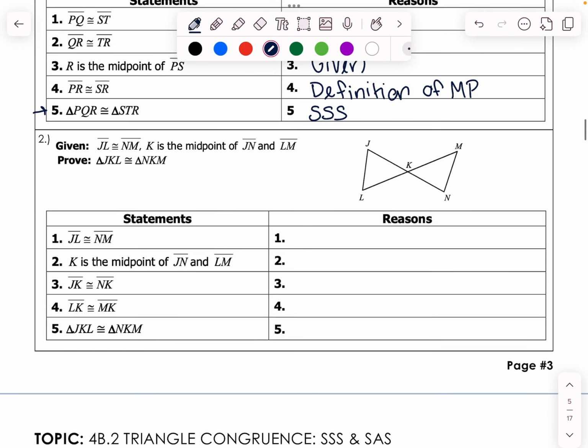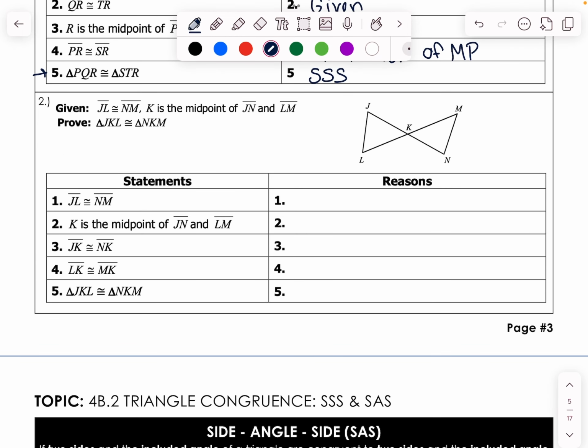Okay, let's look at another one. Again, we always want to start with our givens, and in this case we have 2. I know that JL is congruent to NM, and that K is the midpoint of JN and LM. If K is the midpoint of JN, that cuts it in half.